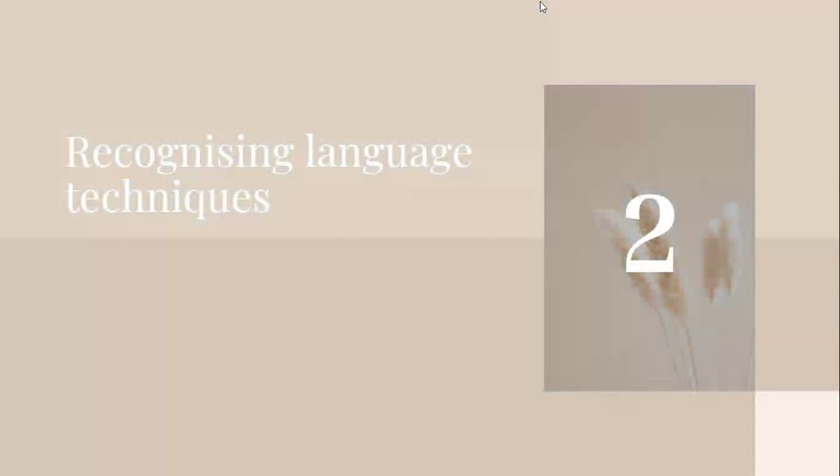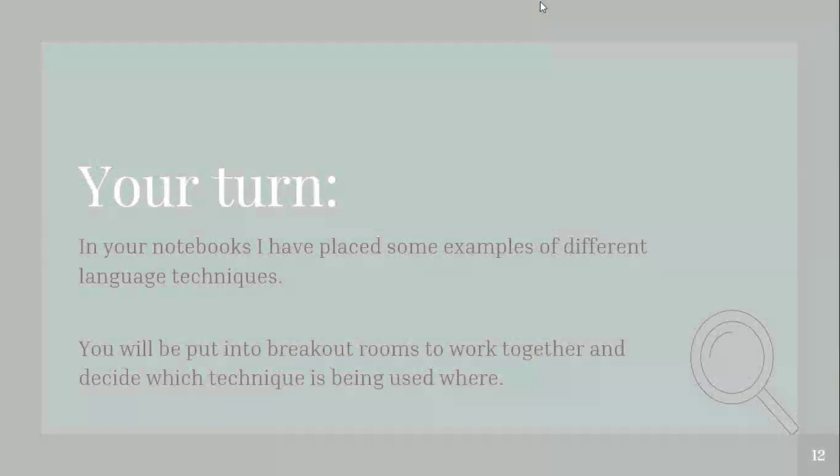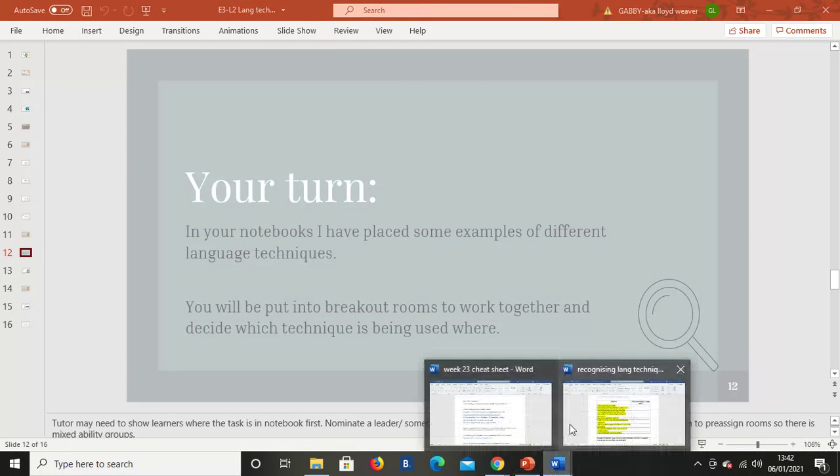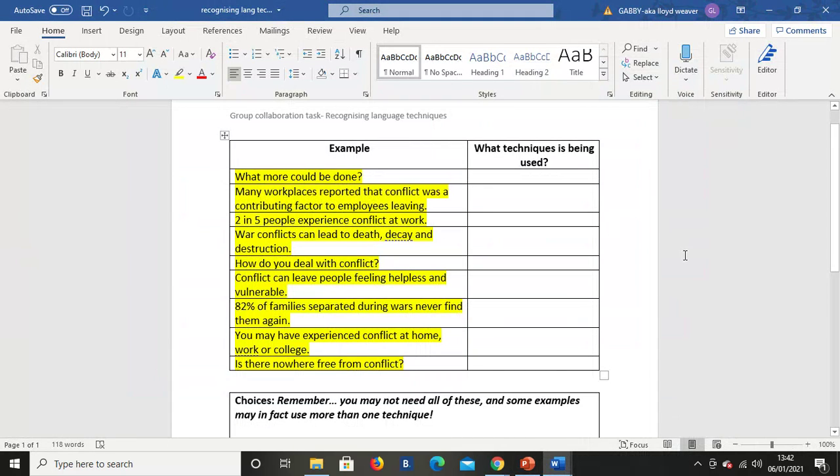So we're going to start trying to pull this out ourselves. What we have got in your Learn folders is this text, this document here, and it says Recognising Language Techniques Group Task. In lesson, this would have been done as a group in breakout rooms, and we would have been discussing and working out what each of these examples actually is.